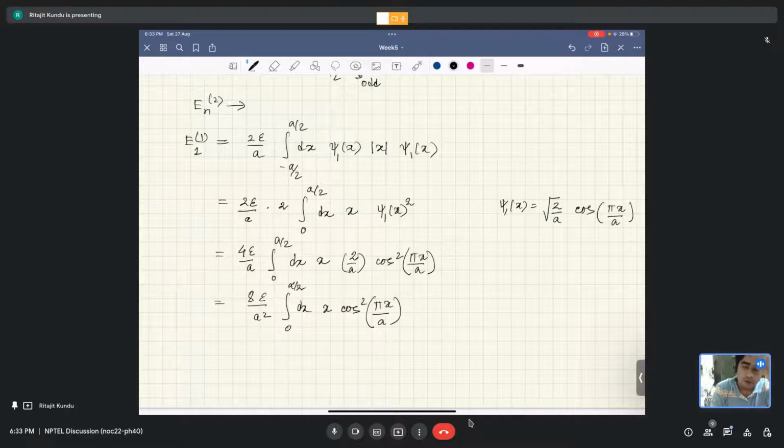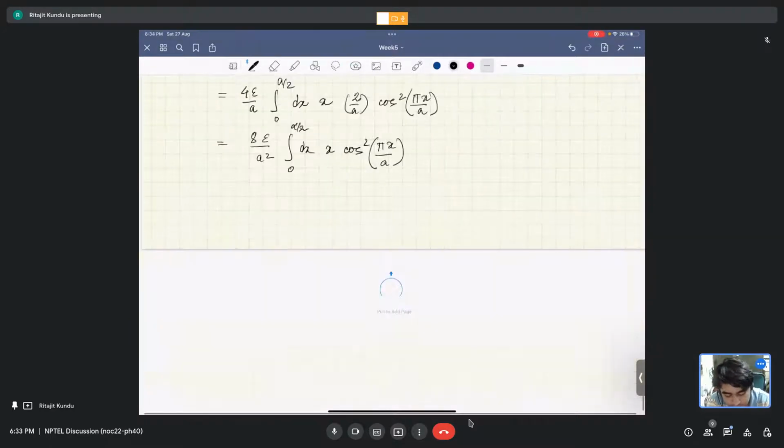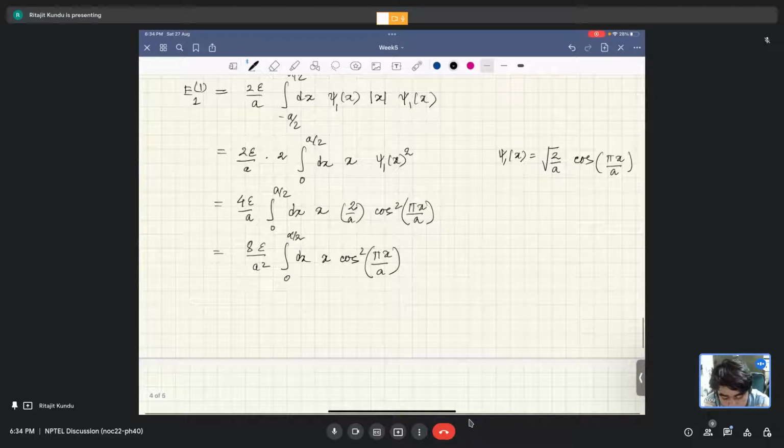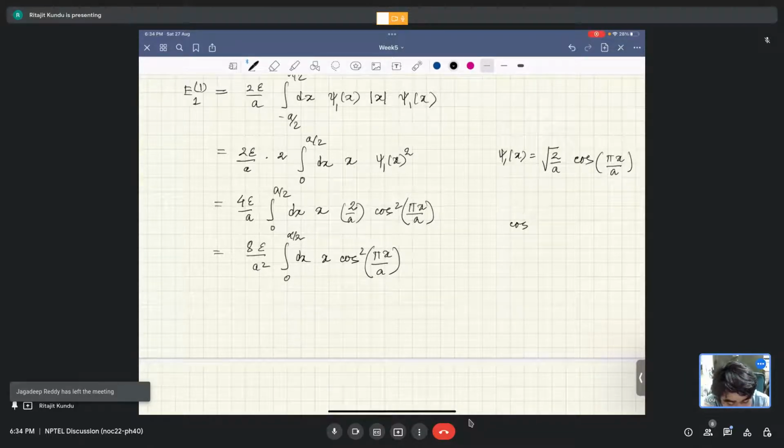Now the task which is left is just to do this integration, right? It is always easier to break these powers of trigonometric functions in terms of a single power. We know that 2 cos square y is given by 1 plus cos 2y, right?